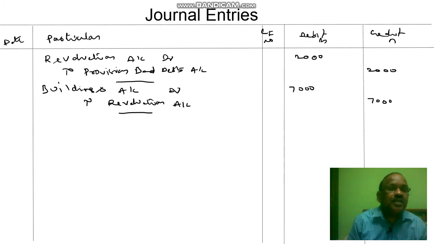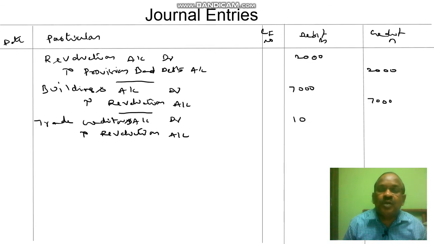Next is the trade creditors. Its value is decreased, that's why it is also a profit. Trade creditors account, debtor to revaluation account, it is 1,000.